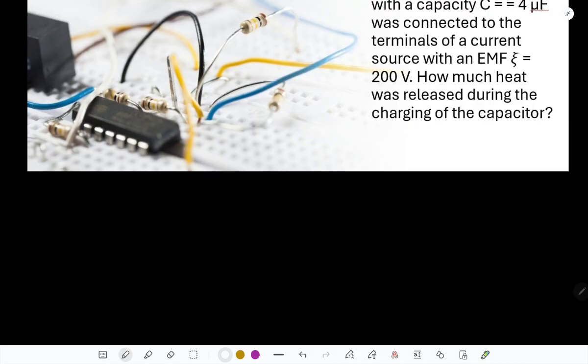So we would write our first law of thermodynamics as: heat released equals change in internal energy of the capacitor, that is basically the change in electrostatic potential energy of the capacitor, so final potential energy minus initial energy, plus work done by the system.